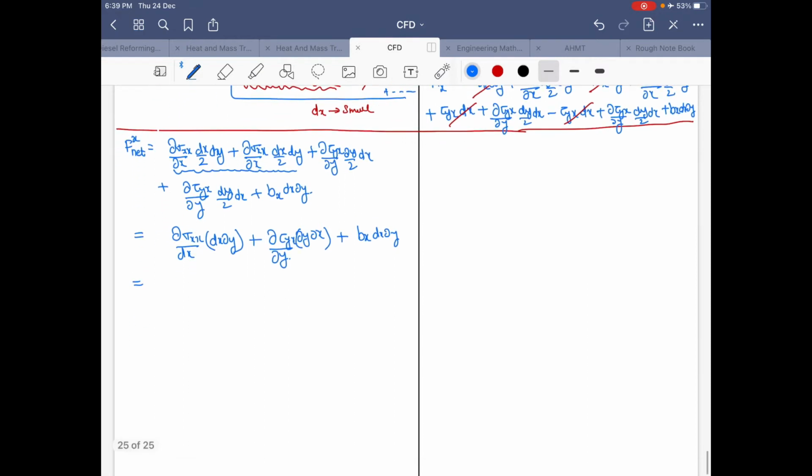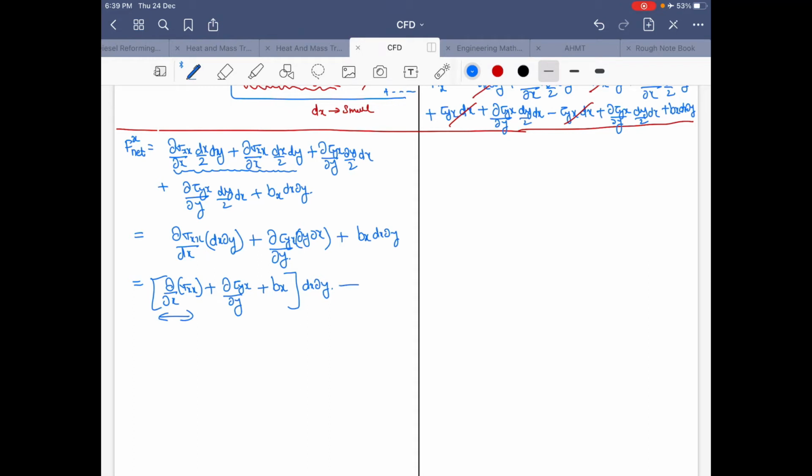Now I can simplify this one more, that is del by del x sigma xx plus del tau yx by del y plus body force in x, dx dy. So this is a form that I am looking for.